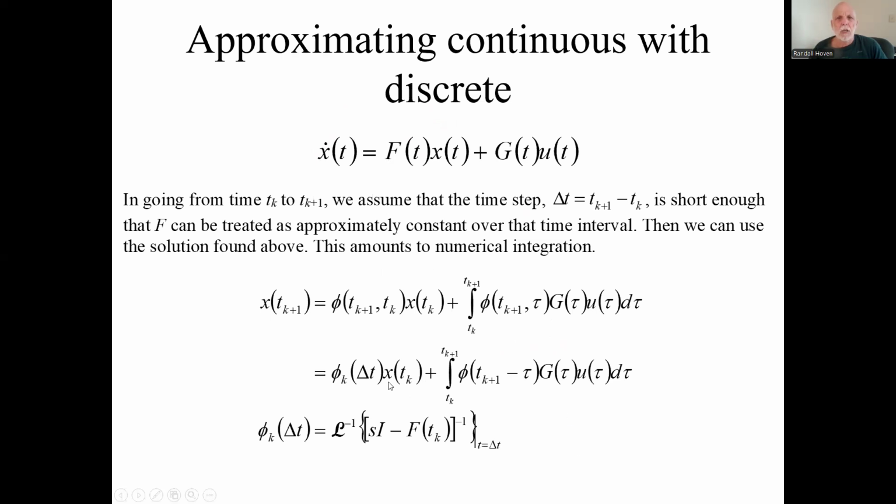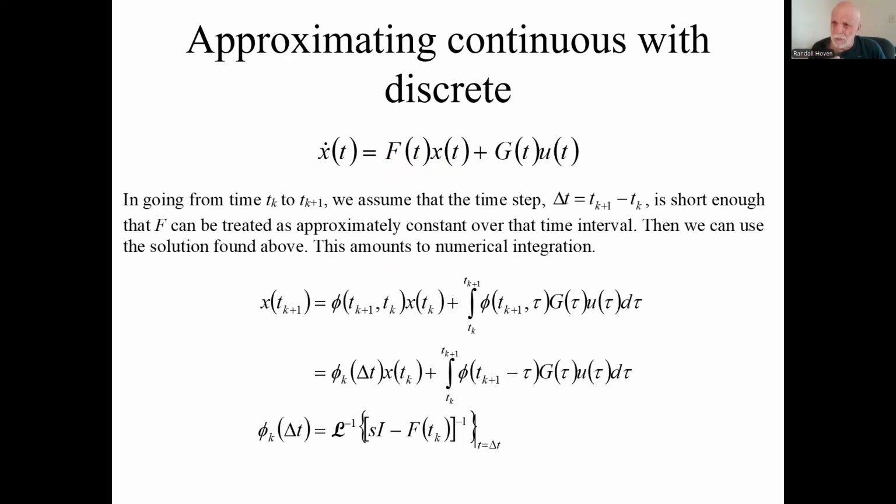How do we do what's called discretization, which means we want to approximate a continuous time system with a discrete time model? We're going to take time steps that are hopefully small enough that we can treat this f, even though in general it is a function of time, as a constant.